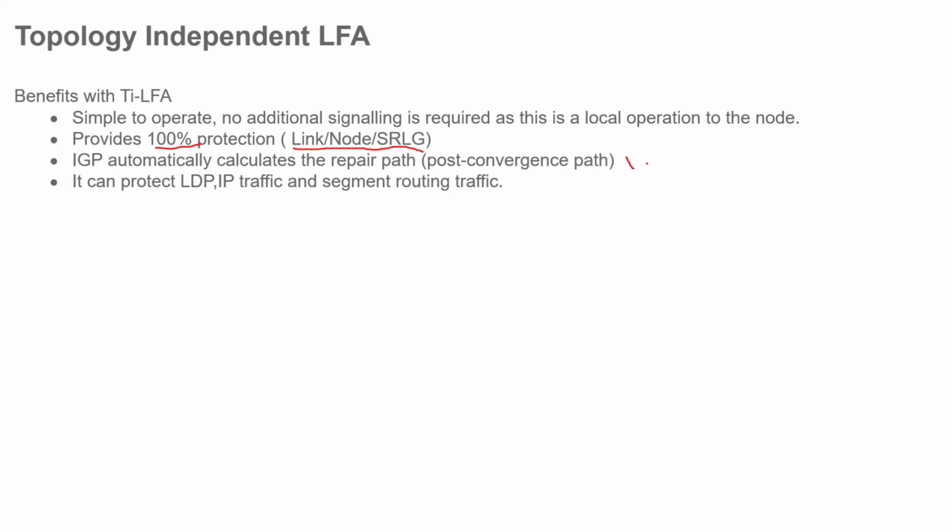It always gives the backup path as a post convergence path. We don't have the challenge here that we have with IP-FRR, where most of the time you get the backup path via suboptimal paths, and it can protect non-segment routing traffic like LDP and IP.